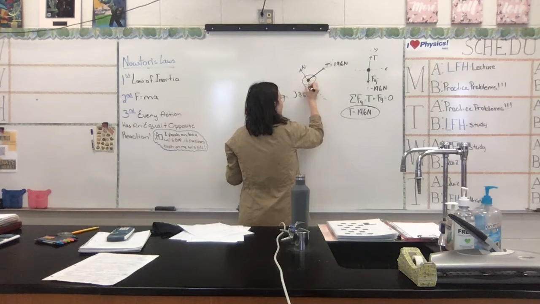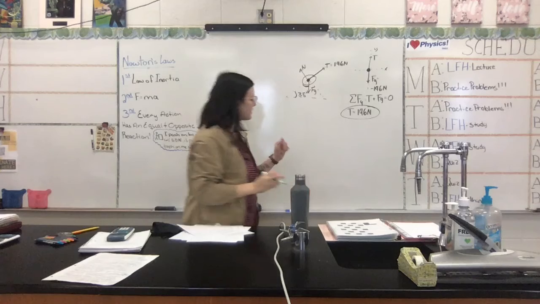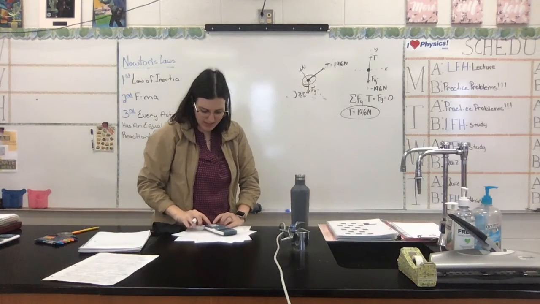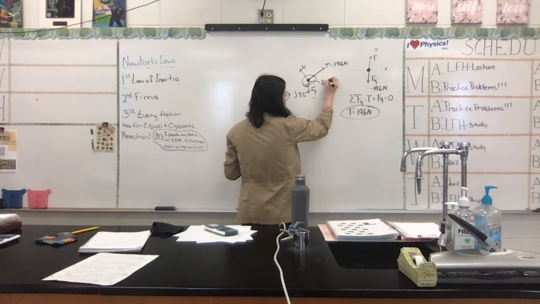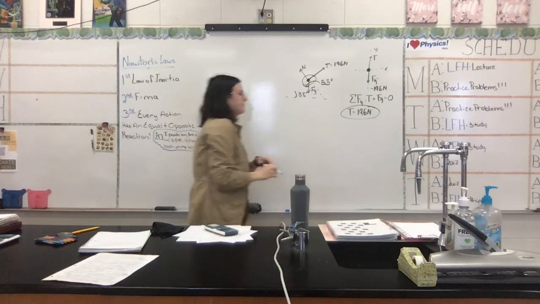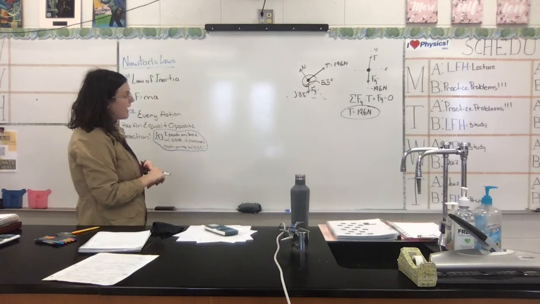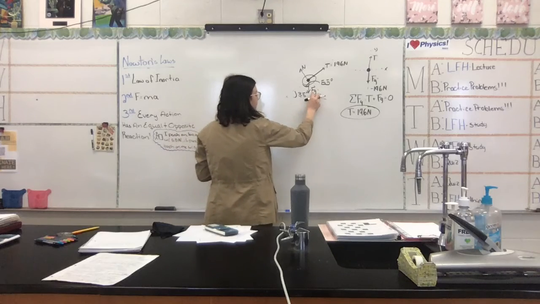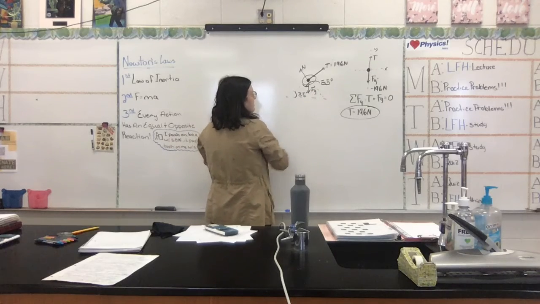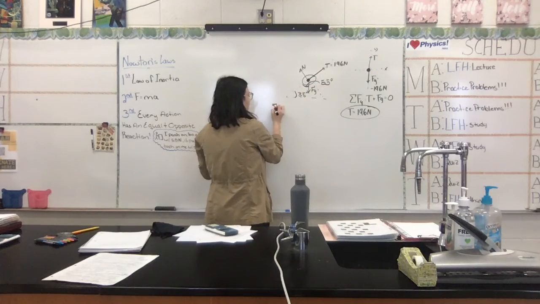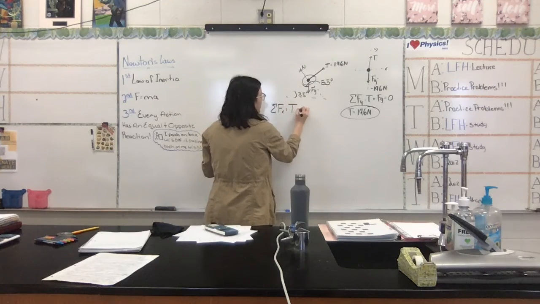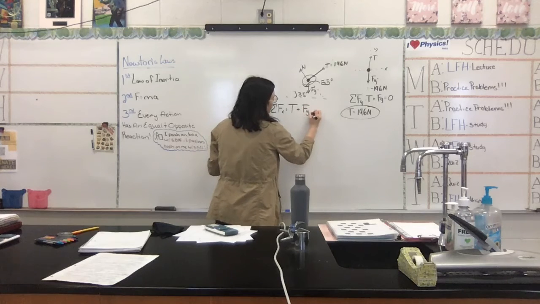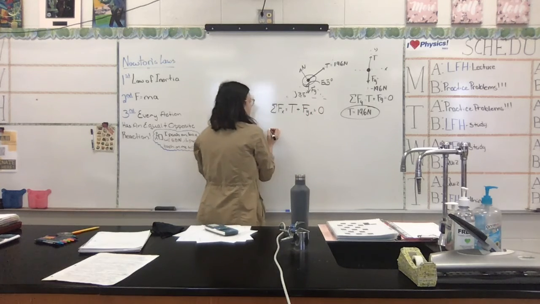And we know that this angle right here with the force of gravity is going to be 90 minus 35, which means that the theta we're going to want to use for this force of gravity is 55 degrees. Okay? Now, in order to find this force of gravity, we know something in the x direction, so how about we sum the forces in the x direction, which means our tension plus the x component of the force of gravity will equal 0.